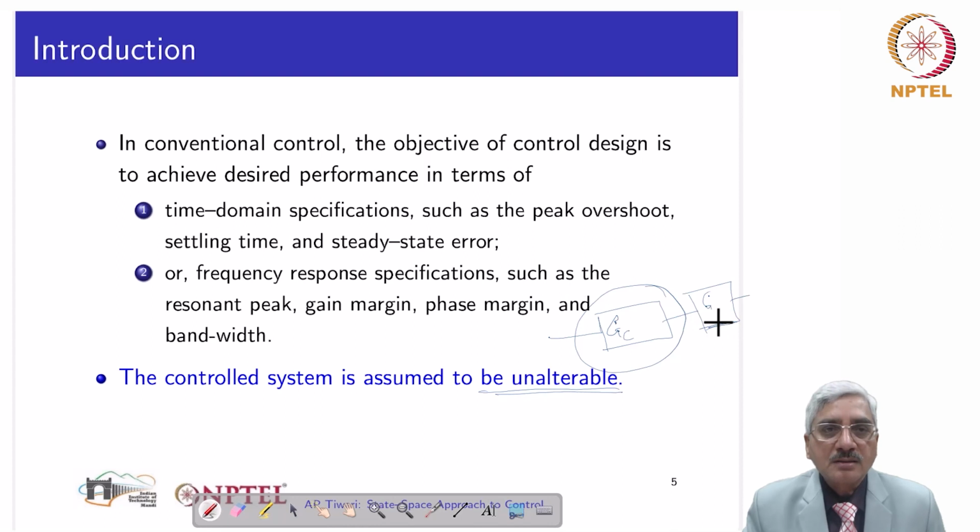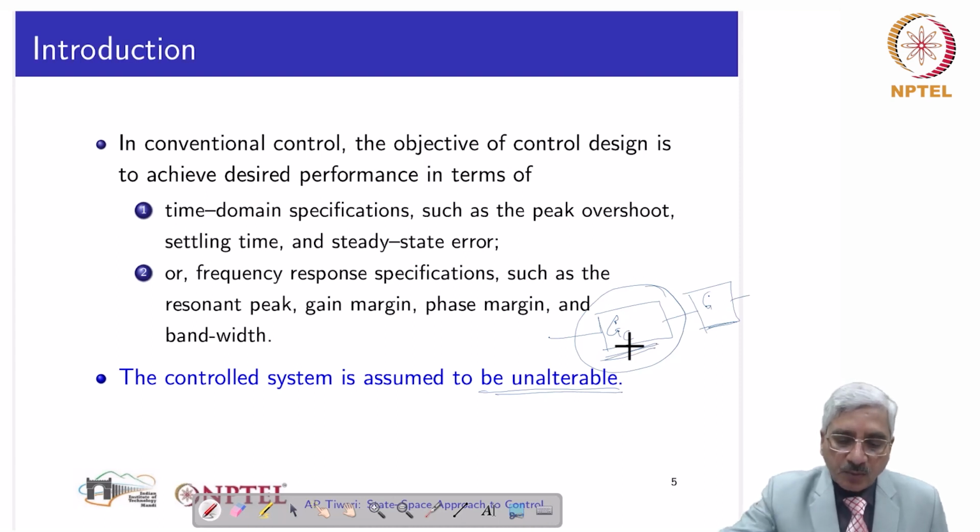It is assumed that no changes can be made in the system design. The system is already designed along with its various entities, subsystems, actuators, sensors, etc. So the only possibility is to do something with the controller, the control system.